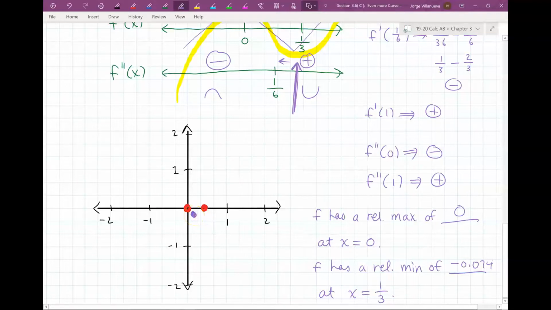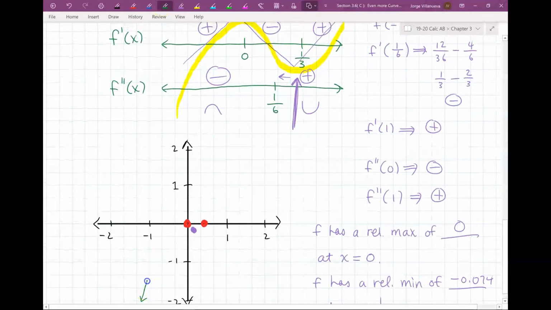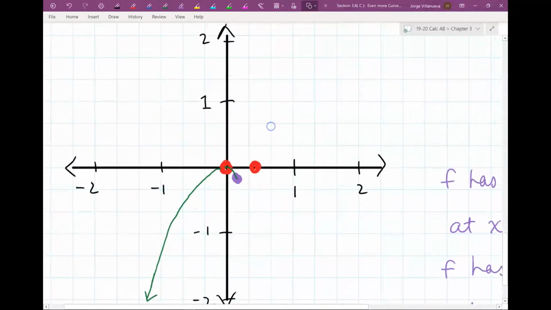Now, once we have that, we know that this graph is supposed to go up. Okay, if you look at your sine graph, up to 0, concave down, and then down all the way up to 1/3. So that's that purple point. Down, concave down. That's kind of small. Okay, let me show you there. And then it's supposed to change direction at that point of inflection and go up.